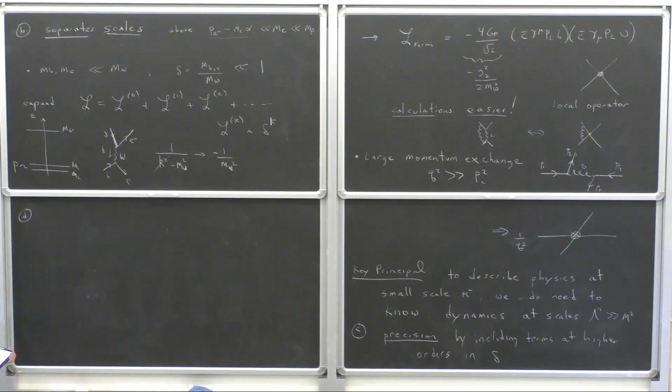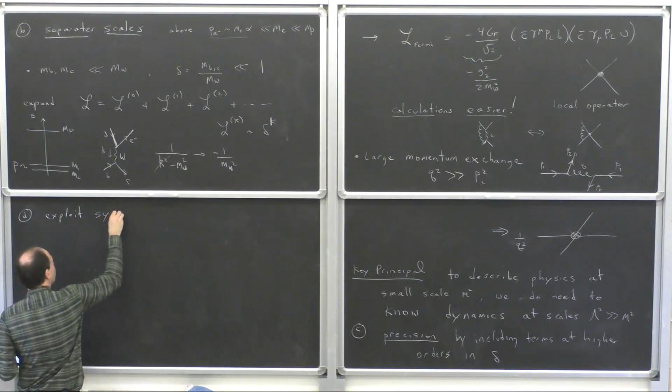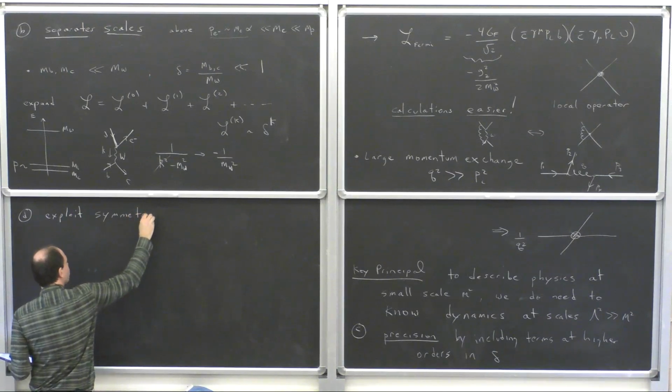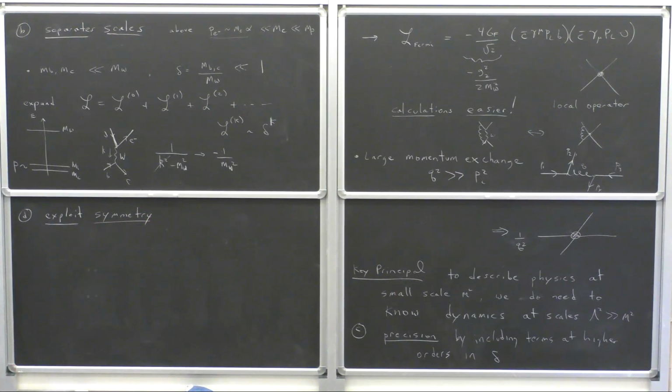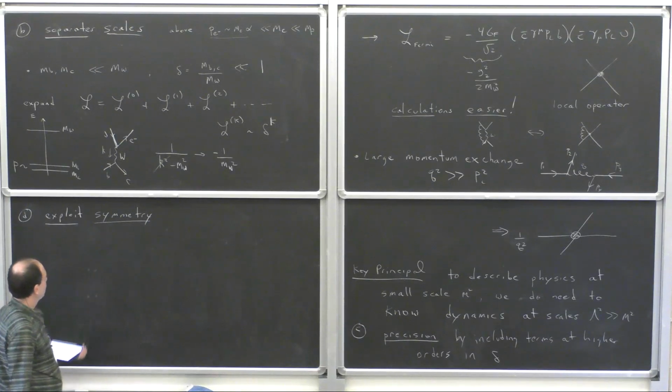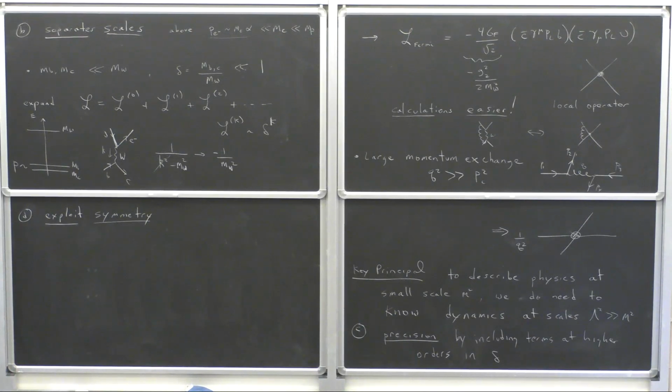D. This item is something that we know is very nice about quantum field theory, is that we can really make a lot of progress just by exploiting the symmetries of the quantum field theory. And in effective field theories, it's the same thing. Now, the thing that's different about effective field theories is that there could be some approximate symmetries.